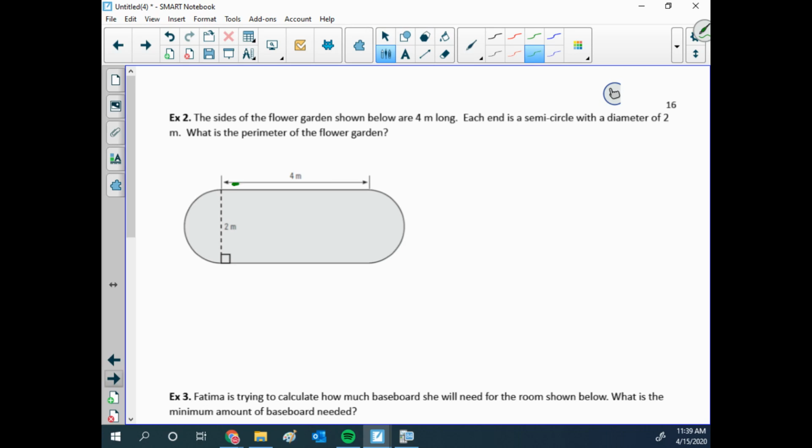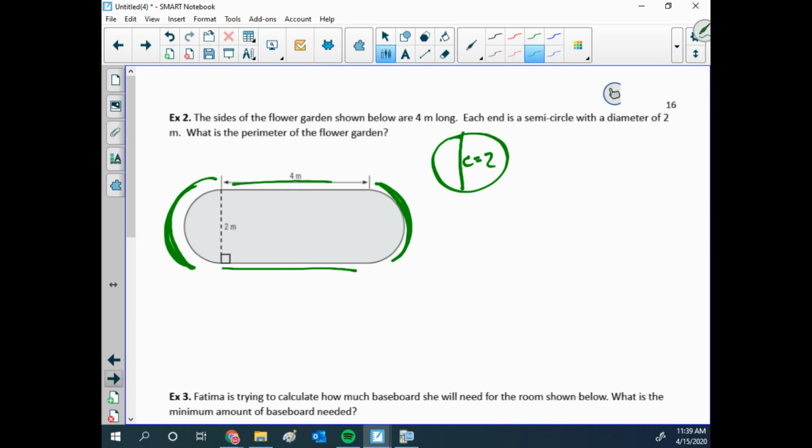So I've got to go, well, what's this plus this plus this plus this? When I look at this, I say, if I take this side, and those are semicircles, I put those together, I'd actually have a circle with a diameter of 2. And so I can use that to give me this portion.